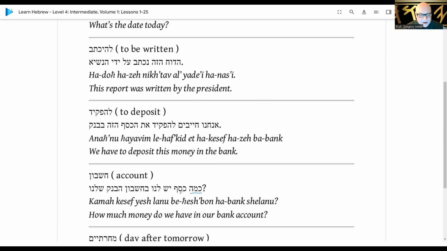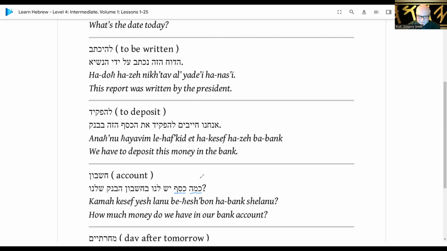I think this kama is y. No, it's how much? Kama kesef. Okay, so how much? Kama kesef. Yeah, how much? כמה כסף? I wonder if it's just by itself. כמה? Some, several, sundry, certain.